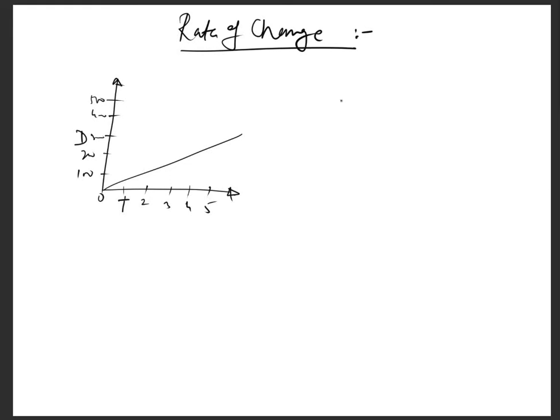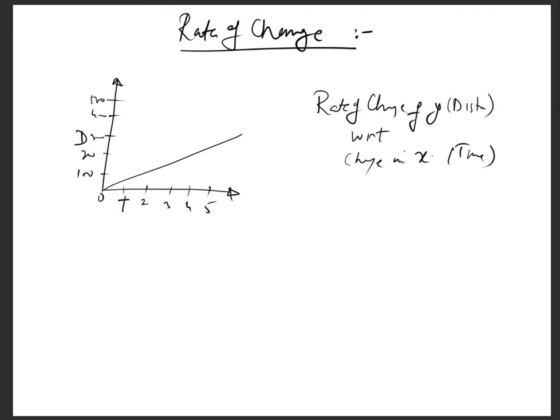Now, rate of change, the full form should be rate of change of y value. Here that y value is the distance with respect to change in x value, which is time. The key point is the change.